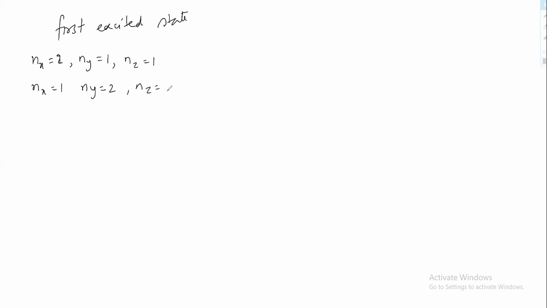Now, the first excited state. Here there is a threefold degeneracy, because the first excited state will correspond to nx equal to 2, ny equal to 1, nz equal to 1, or nx equal to 1, ny equal to 2, nz equal to 1, or nx equal to 1, ny equal to 1, and nz equal to 2.